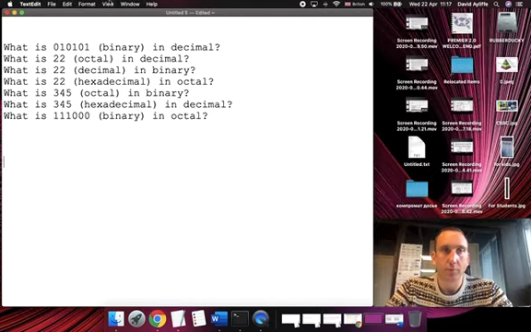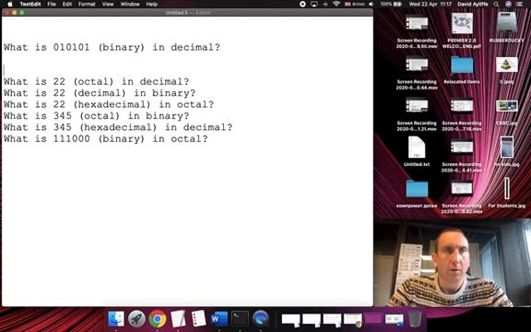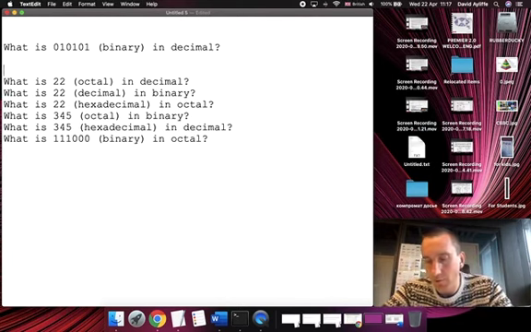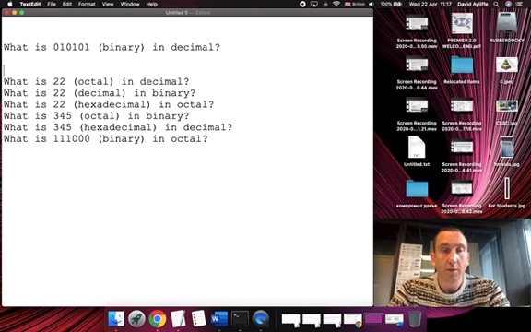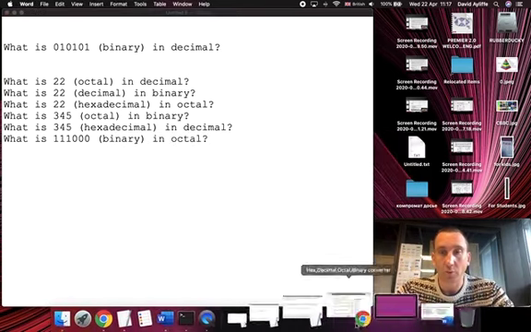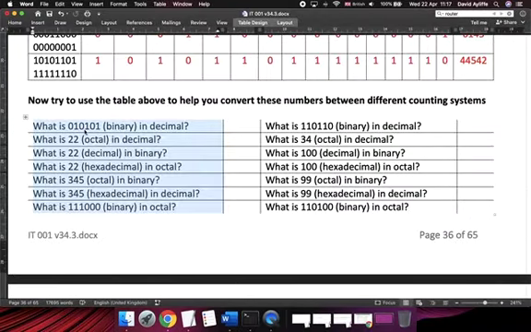So we're going to work through these questions together, and then the other side of the page you're going to attempt to do yourself using the same principles. The questions we're going to work through: binary to decimal, octal to decimal, decimal to binary, and so on. The numbers are different, but the principle is the same.